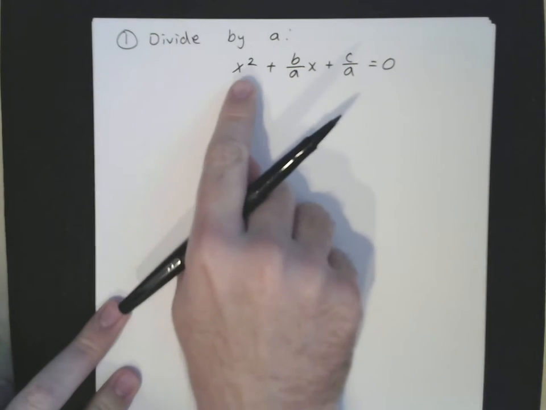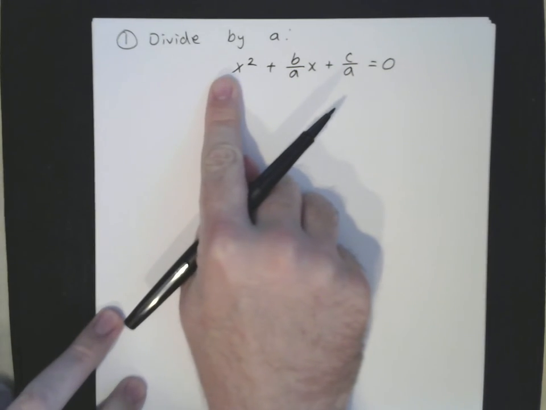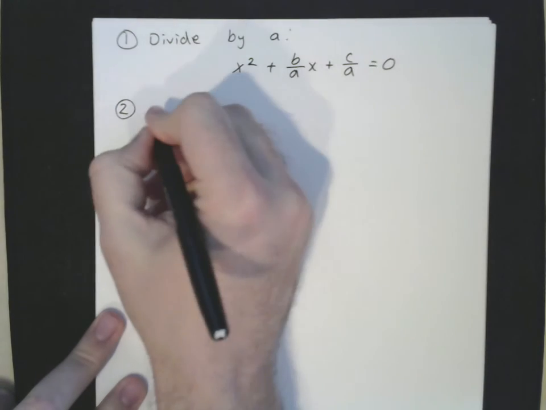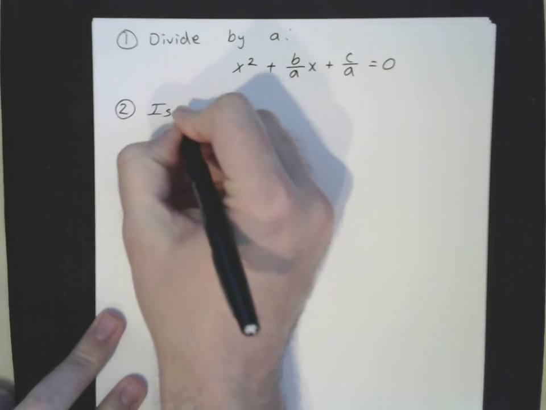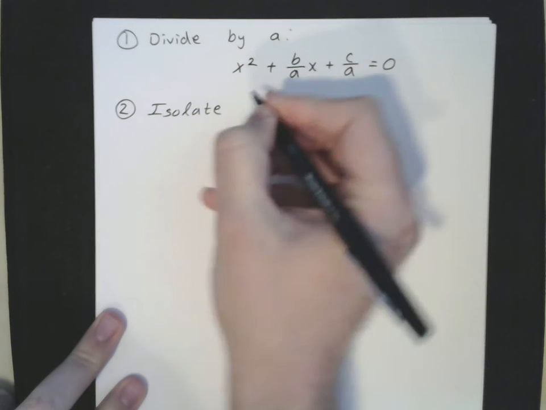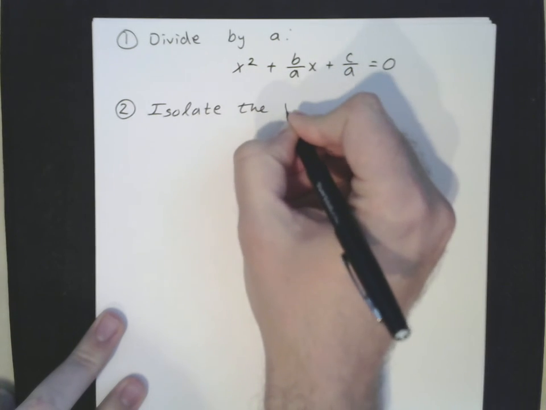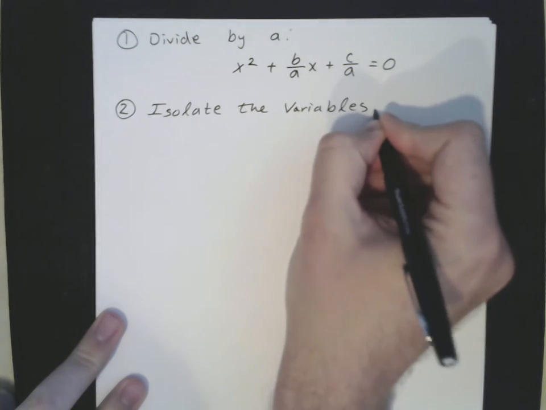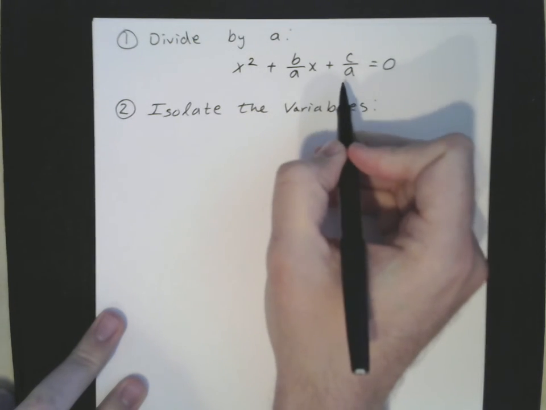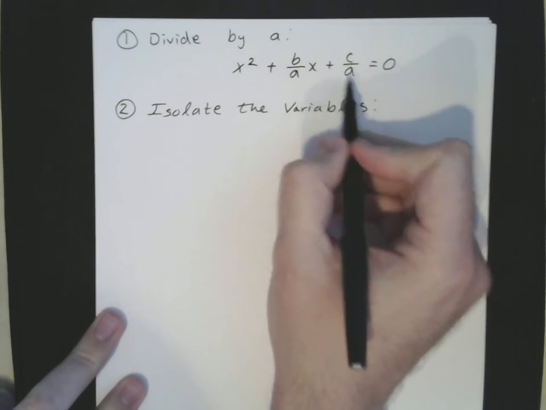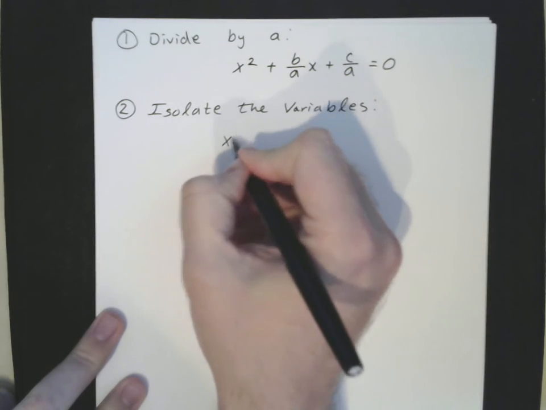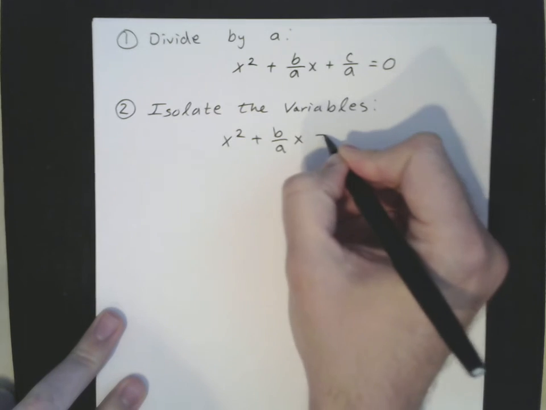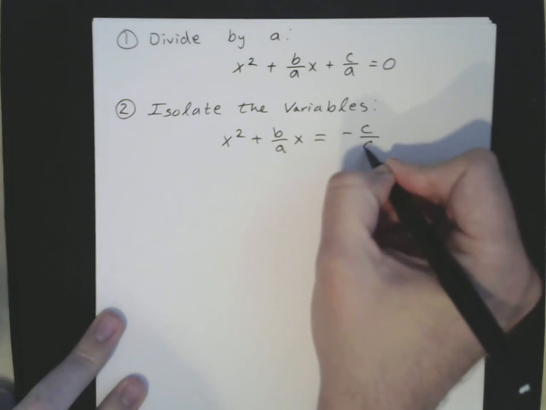And the purpose of this is to force the coefficient here to be 1. Once we force that coefficient, we isolate the variables. Notice we're saying variables here, so all we're doing is pushing this constant term to the other side. So we have x squared plus b over a x equals negative c over a.